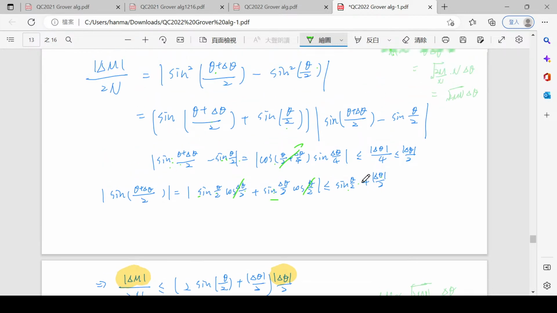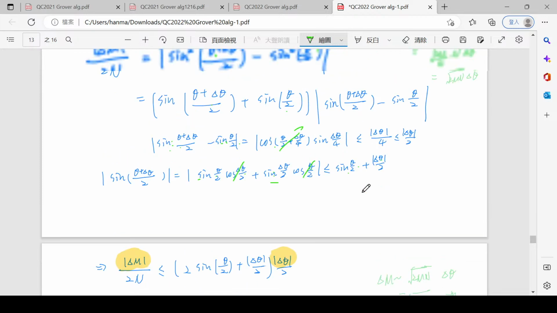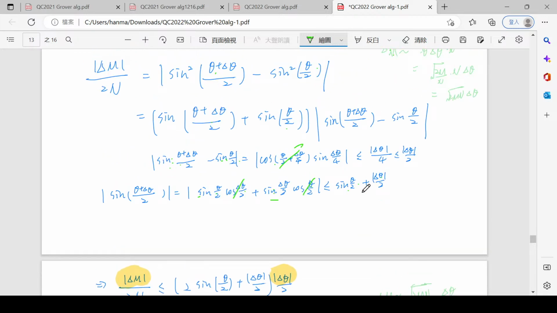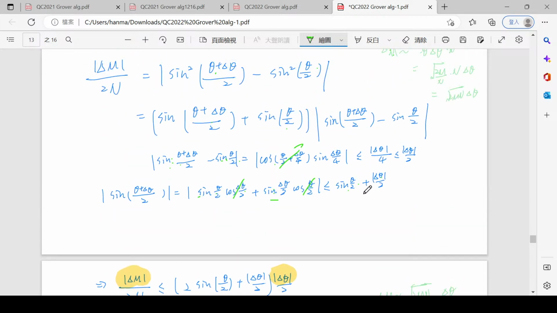And I missed one term. I don't think it'll matter though. Sine theta over 2. Sorry for going back and forth.